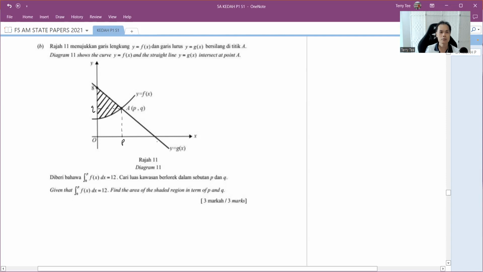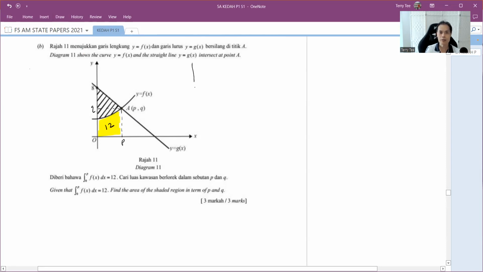So what we can do here is this. We know the integration from 0 to p of f(x) dx. That means we are talking about this area here. So this area under the graph is just 12. Let me write down here. This area under the graph is 12. And we're finding the area of the shaded region, so we can still find this area here.